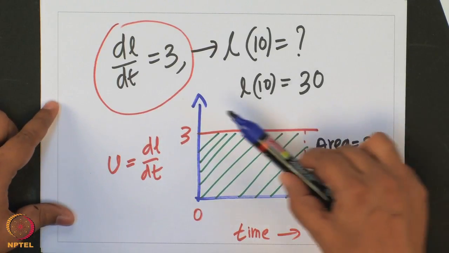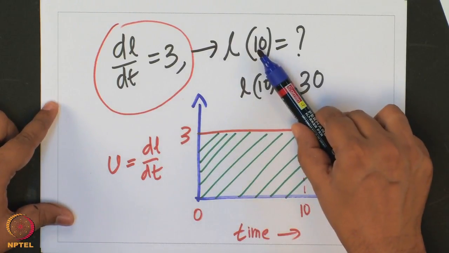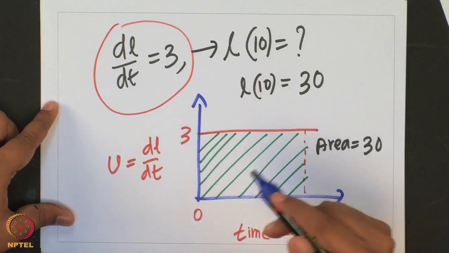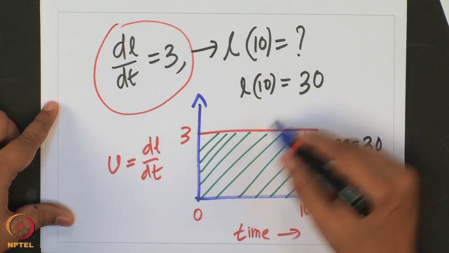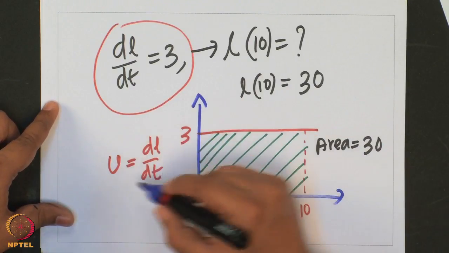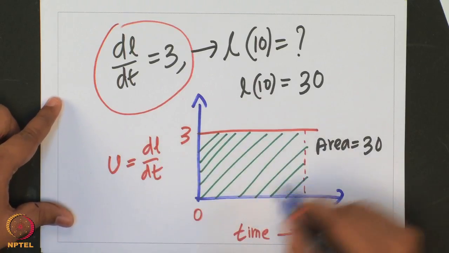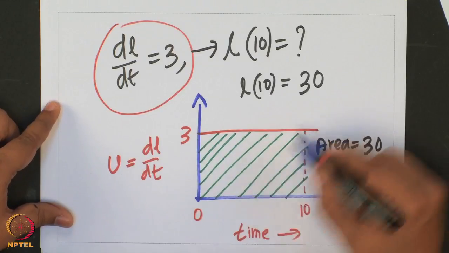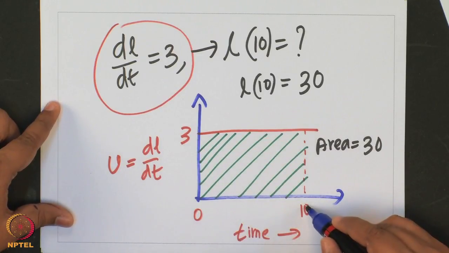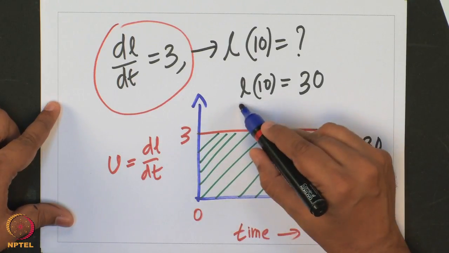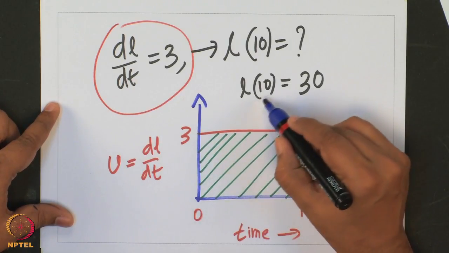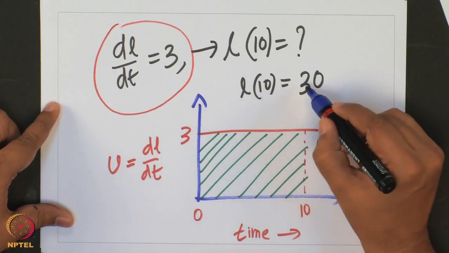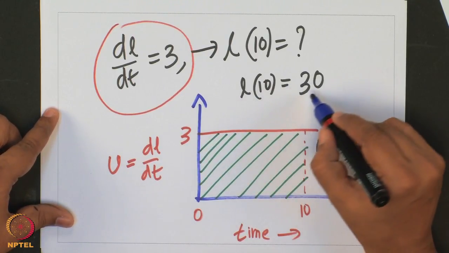The claim is that integrating this function and calculating the length is the same as finding the area under this function v, which is nothing but a slope function. If we take the slope function v, plot it and find the area under it from 0 to 10, that is the same as integrating and getting the integrated function L at 10. So this is the claim.